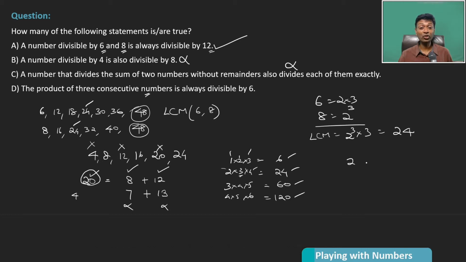Among any 3 consecutive numbers, there has to be one number that's a multiple of 3. 1, 2, 3. This is a multiple of 3. 2, 3, 4. 3, 4, 5. 4, 5, 6. Always. See if you can prove this very rigorously.